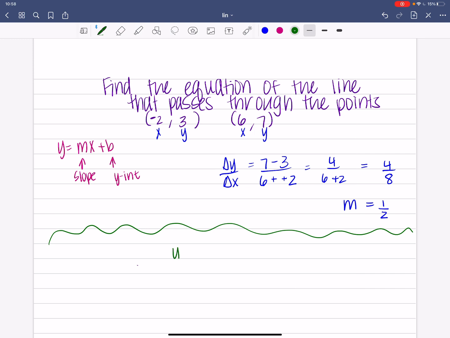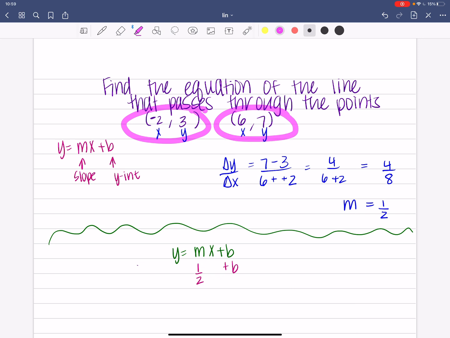What I'm going to do is I'm going to use that equation, y equals mx plus b. Well, now I know that m was 1/2, so I'm going to put that in there. I don't have a y-intercept, so I'm going to have to call it b. But I do have x and y values that they shared with me up here, so I can take my pick of which ordered pair to use, and I'm actually going to use the negative 2 and 3.